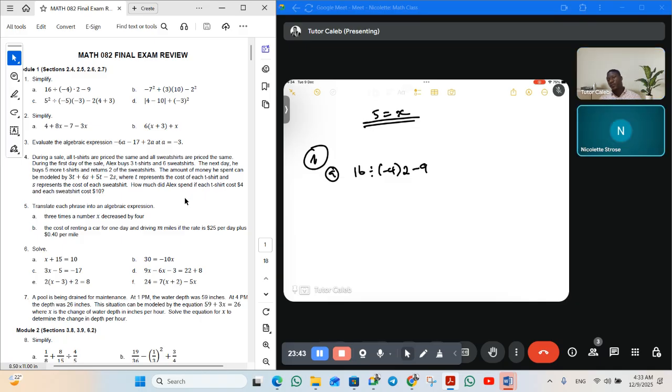Okay, let me see. 16 divided by -4. Should I put it in parentheses as well, like how they have? Yes, put it.